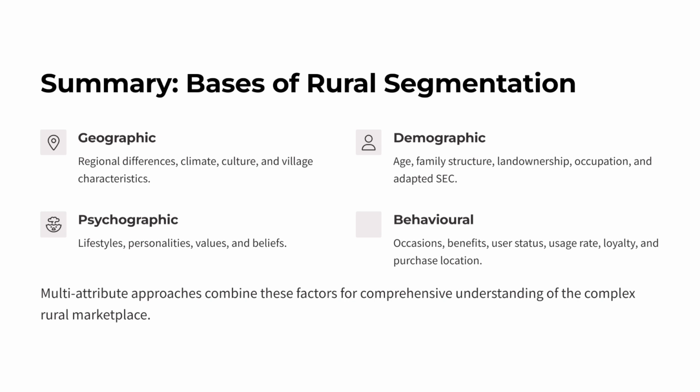To summarize this section on segmenting rural markets, we have seen that a nuanced approach distinct from urban methods is required. We explored the four primary bases: geographic segmentation, focusing on regional and local differences, including climate and culture. Demographic segmentation using relevant rural indicators like age, family structure, land ownership, occupation, and adapted socioeconomic classifications.